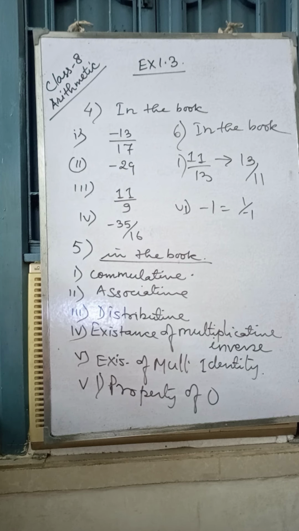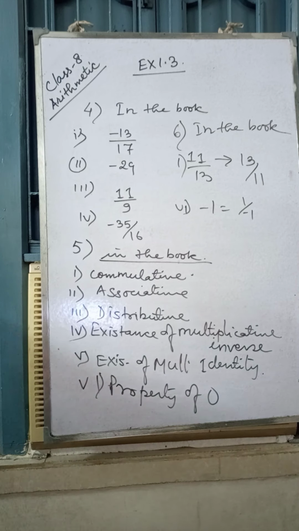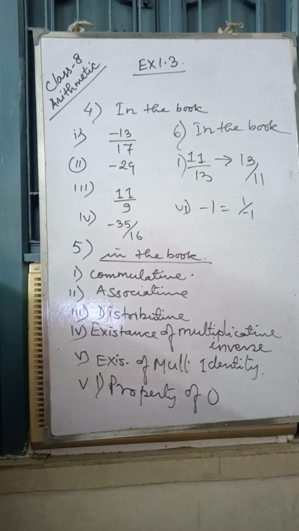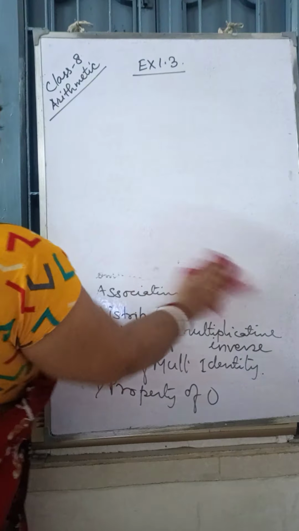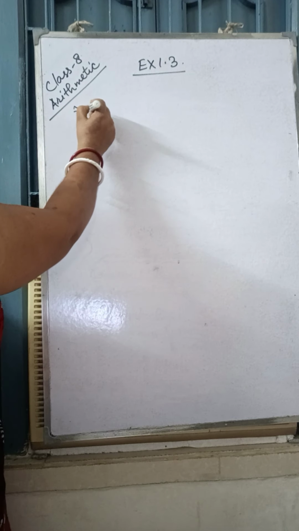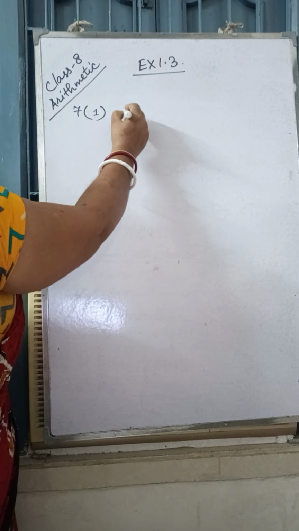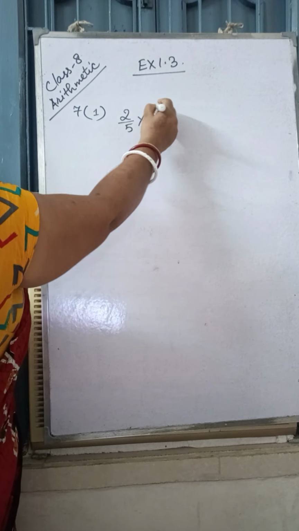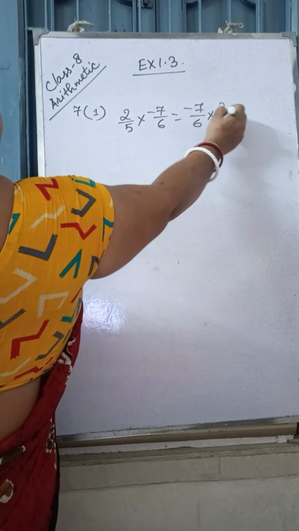Now question number 7, where we have to verify it. So we have to solve both the sides of the sum, left hand side and right hand side. So let us begin question number 7. Okay, first 7, 1 you see. It is 2 by 5 into minus 7 by 6 is equal to minus 7 by 6 into 2 by 5.